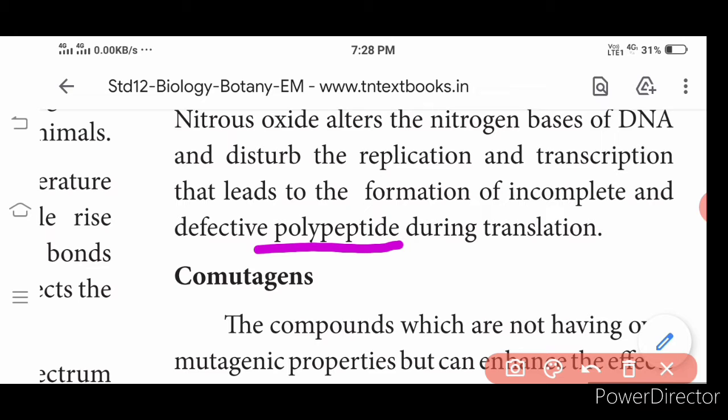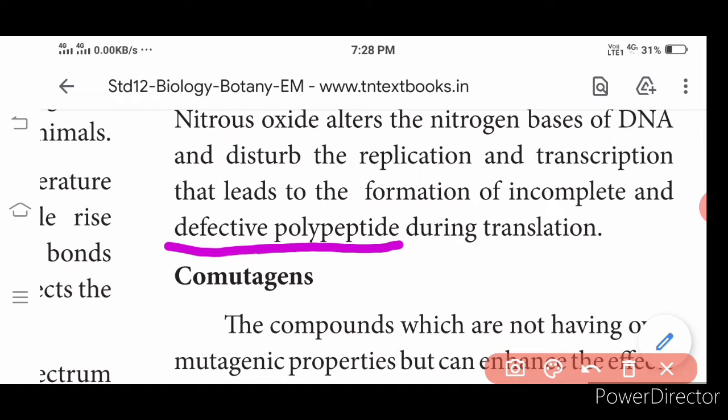Once it is defective, it will not produce proper hormone or proper enzyme, which in turn will affect our body. Follow? So defective polypeptide means defective protein, that is, the enzymes and hormones.